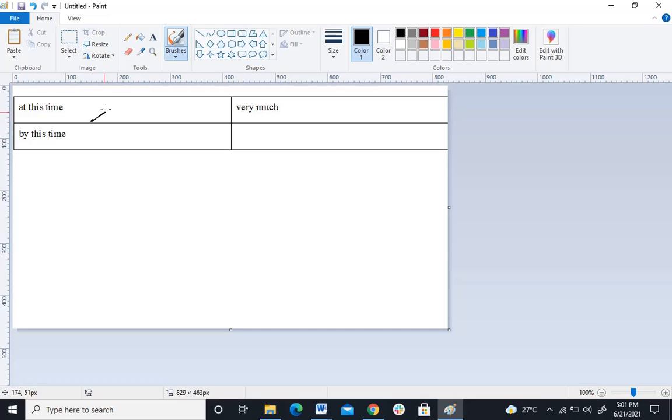Ulitin natin. At this time. By this time. So, we have by this time. Very much. So, we have very much. Yan lang naman yung ating brief form phrases.